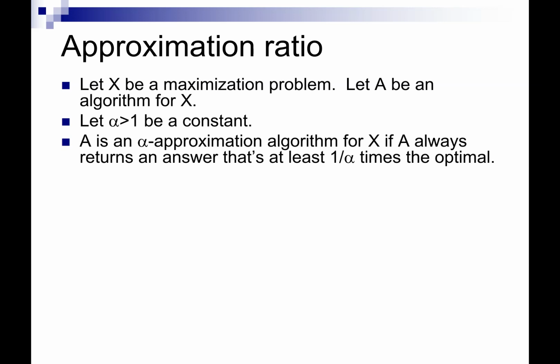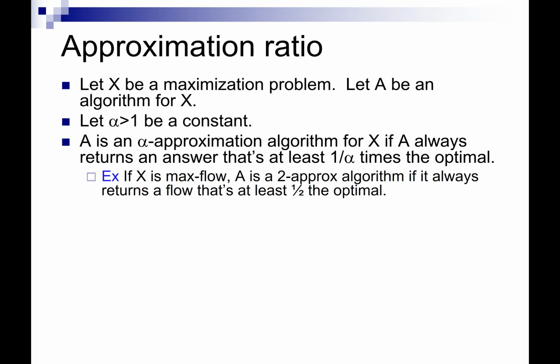Then we're going to say A is an alpha approximation algorithm for this problem X if A always returns an answer which is at least 1 divided by alpha times the optimal. So for example, if X is max flow, then you say that A is a 2 approximation algorithm if it always returns a flow which is at least 1/2, 1 divided by alpha, the optimal.